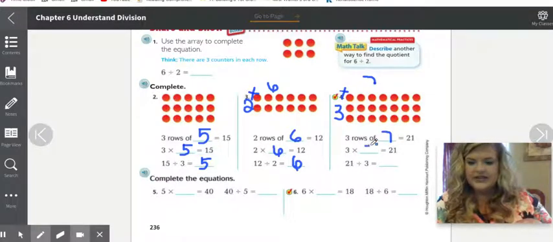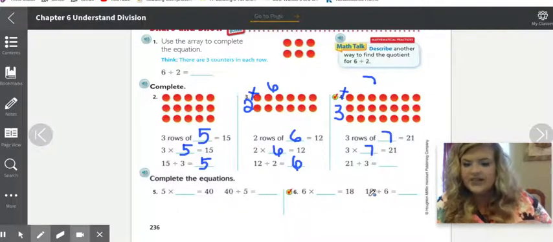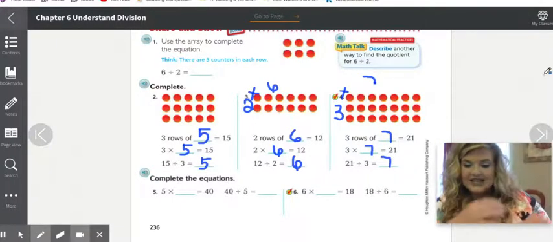So 3 times 7 is 21. And if I divide 21 by those 3 rows, then I will have 7 in each row. Guys, it may seem really simple, but there was a time this was a little bit harder for you guys to remember how it was related, okay?